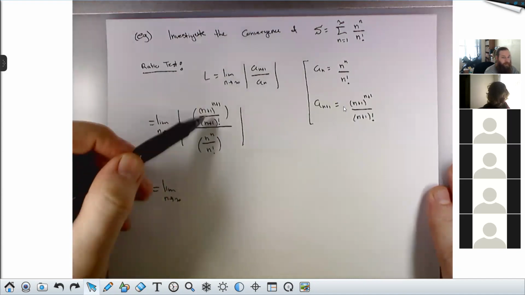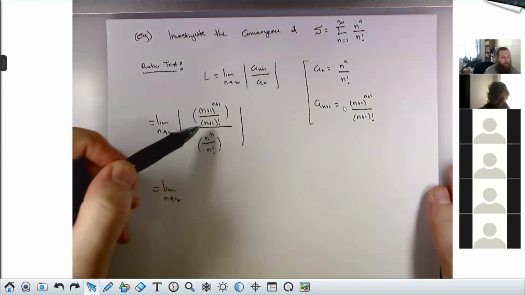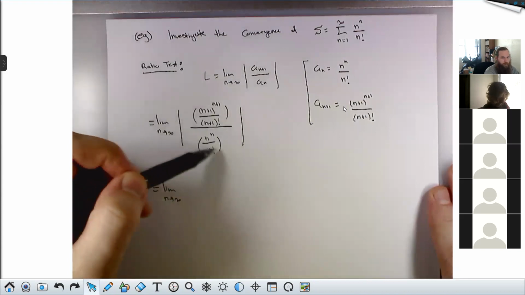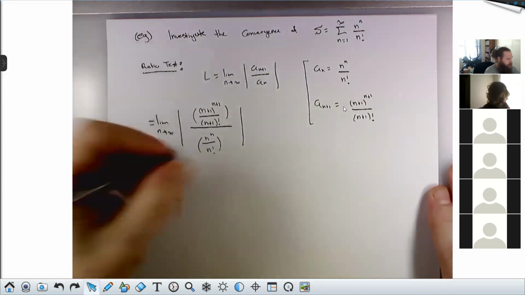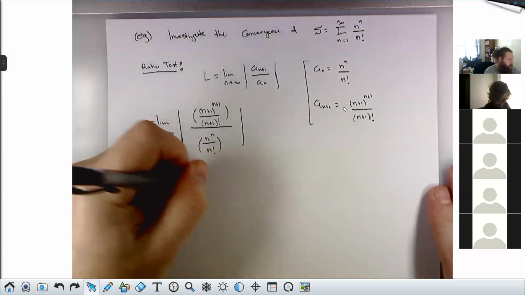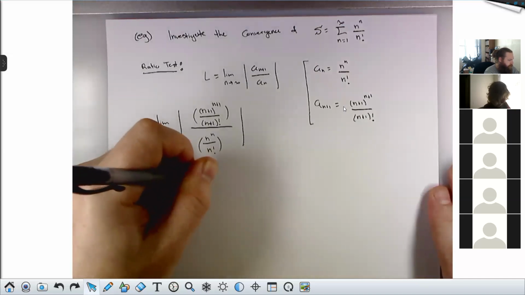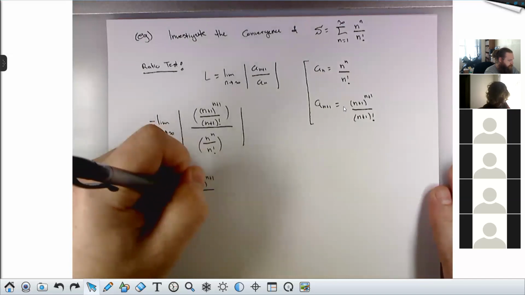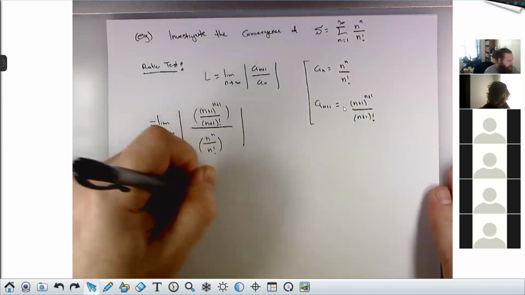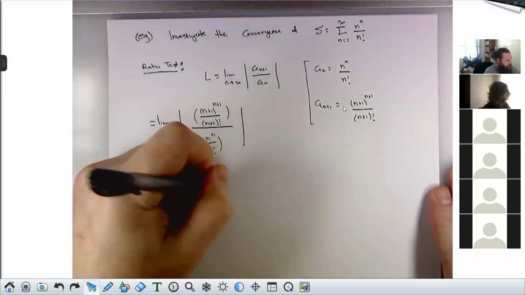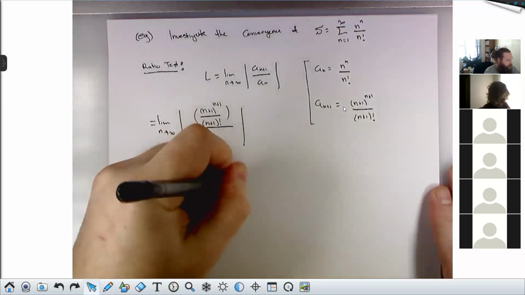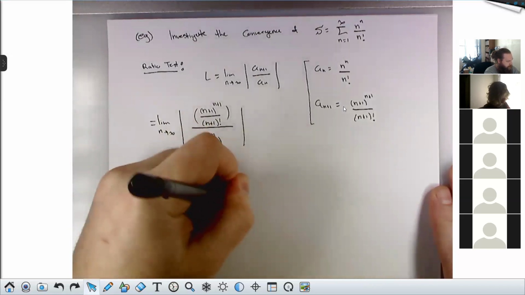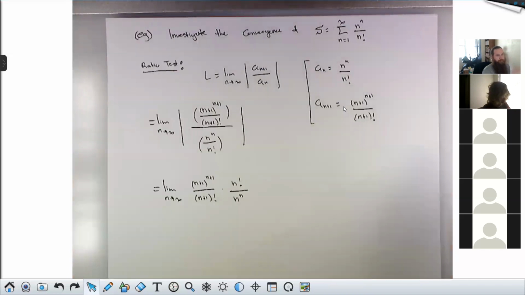These are each fractions. If I want to divide two fractions, I leave this alone, flip, and multiply by this. So we get (n+1) raised to the n+1 over (n+1) factorial, times n factorial over n to the n. And everything here is positive, so we can forget about the absolute values at this step.